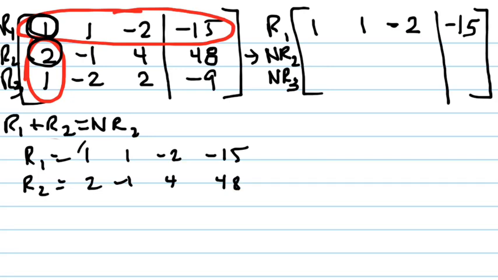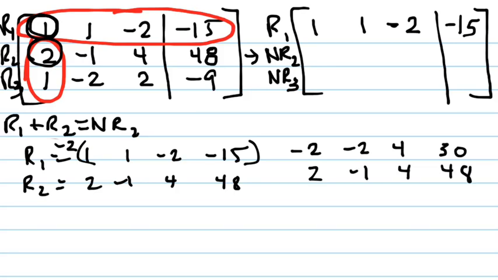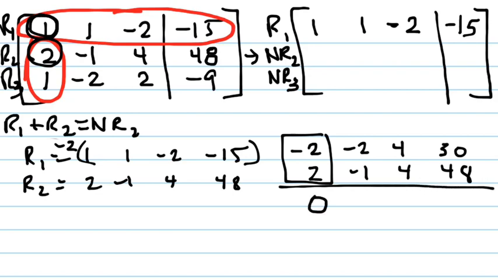And we're going to multiply the entire top row by negative 2. So that gives us negative 2, negative 2, positive 4, positive 30. The bottom, we're not multiplying by anything this time because we didn't have to. Notice that these two are opposites, and that was the whole point, because now when I add them together, I get my 0 that I need.